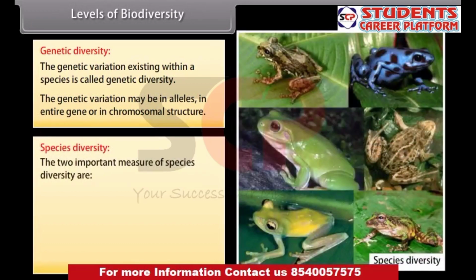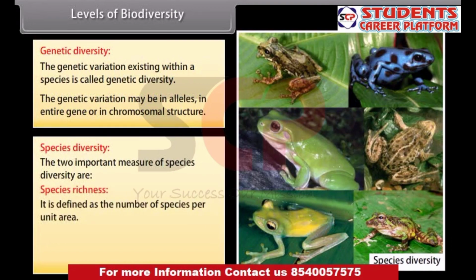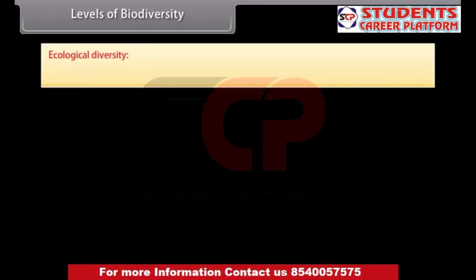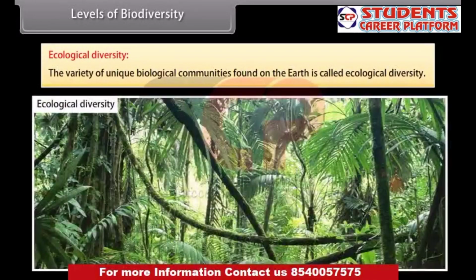The two important measures of species diversity are species richness, defined as the number of species per unit area, and species evenness, which refers to the relative abundance with which each species is represented in an area. Ecological diversity. The variety of unique biological communities found on the earth is called ecological diversity.